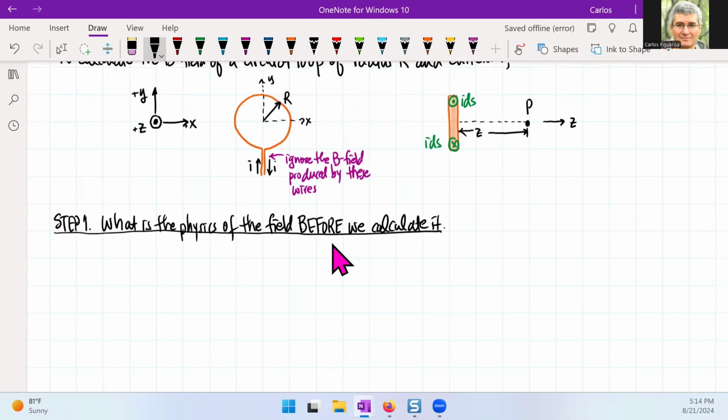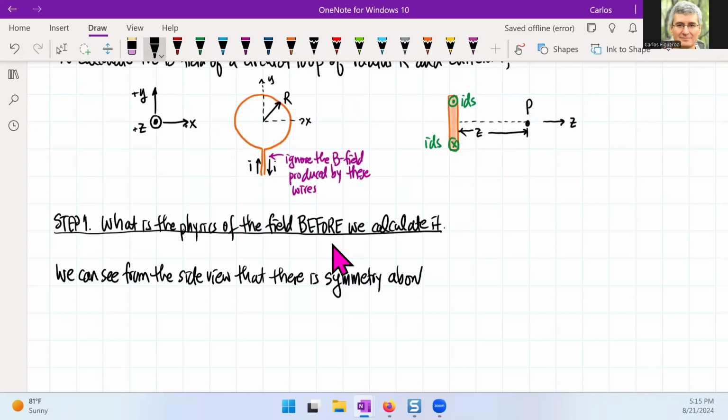We can see from the side view that we have to have symmetry about the z-axis. Which tells us that the field must be in the z direction.